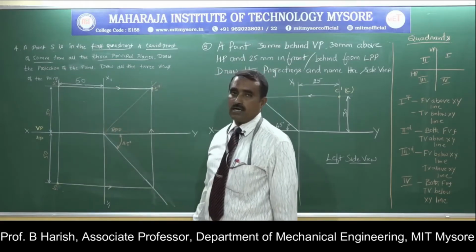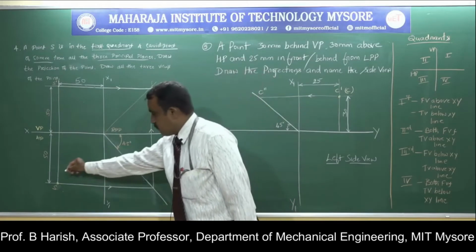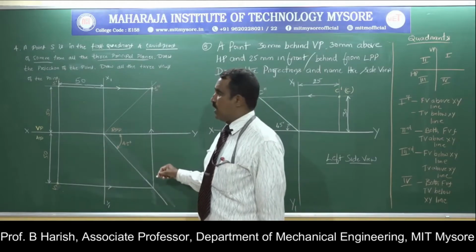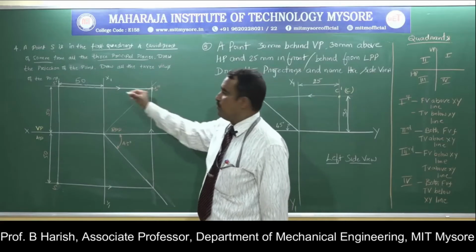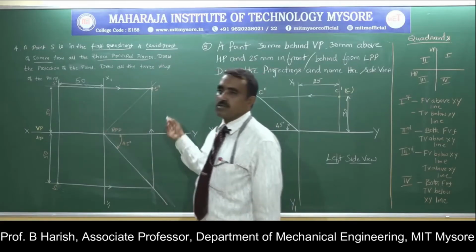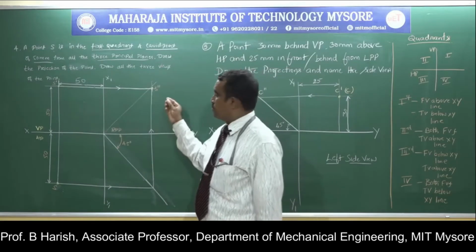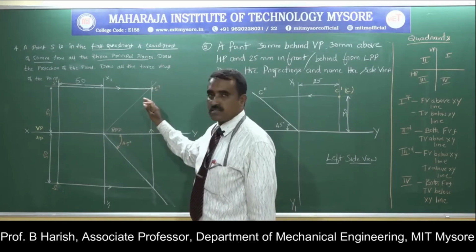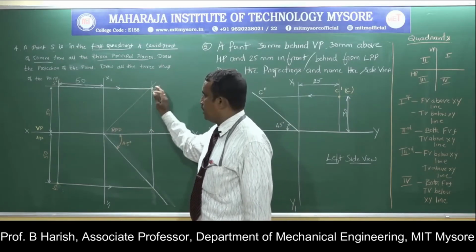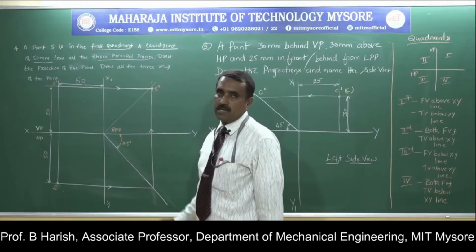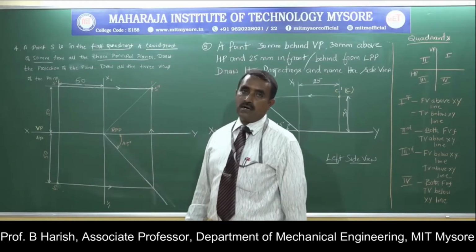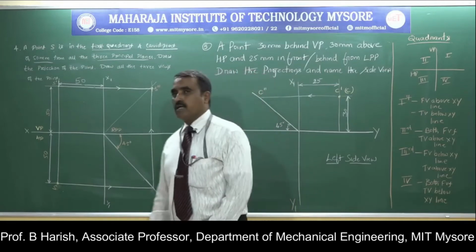Always start from the top view, move towards left or right. Then start from the intersection point, move above or below, and start from the front view. The intersection gives you the profile view. Whenever a point is in the first quadrant, I'll get the profile view here. Whenever a point is in the third quadrant, I'll get the profile view in this plane, just opposite to the first quadrant.